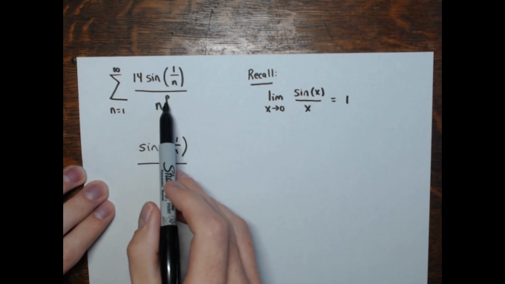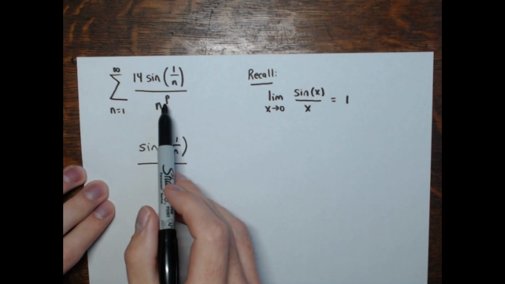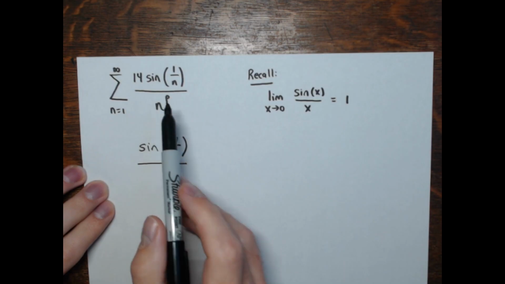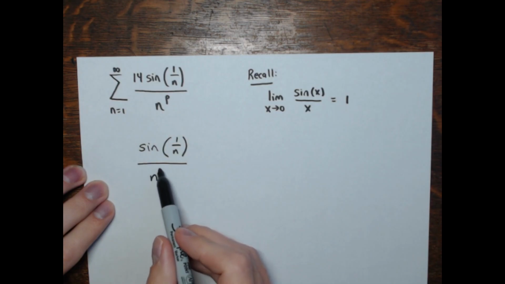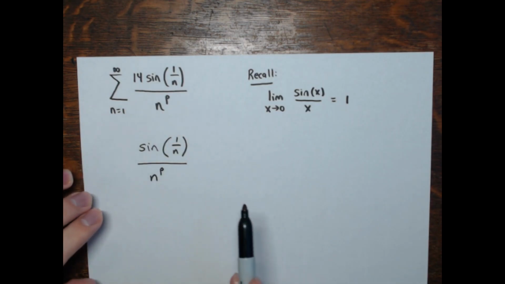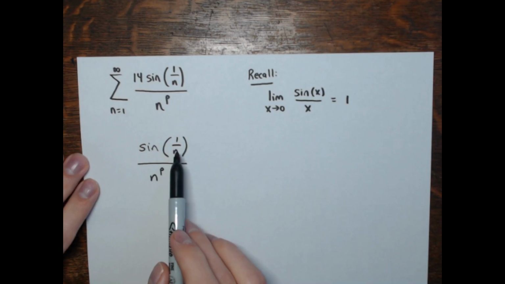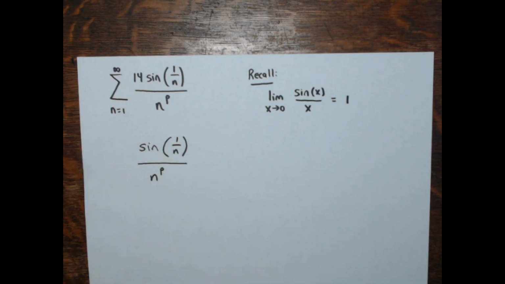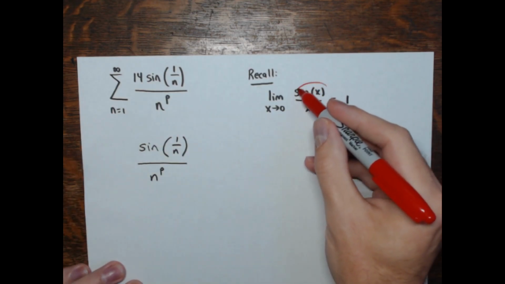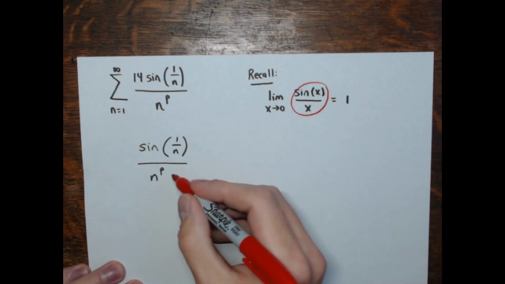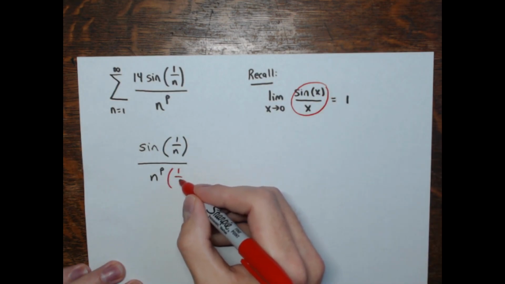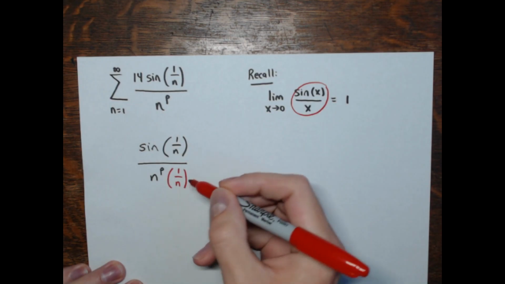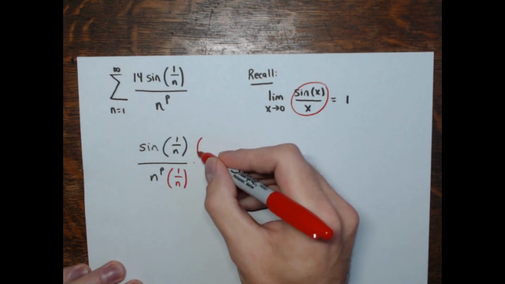So, n to the p, I'm going to try this out. I got the sine of 1 over n. To get something like this involved, I'm going to multiply the top and bottom by 1 over n.